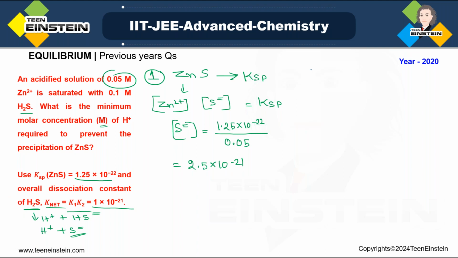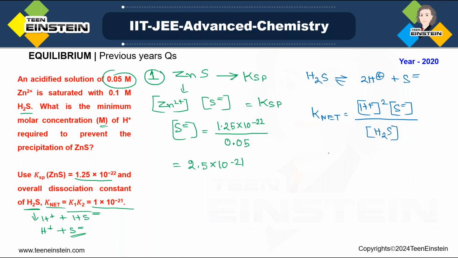Now in the second part, you have to consider the dissociation of H2S, which gives 2H+ and sulfide ion. Now we know the Knet, which is equal to [H+]^2 [S2-] divided by [H2S].